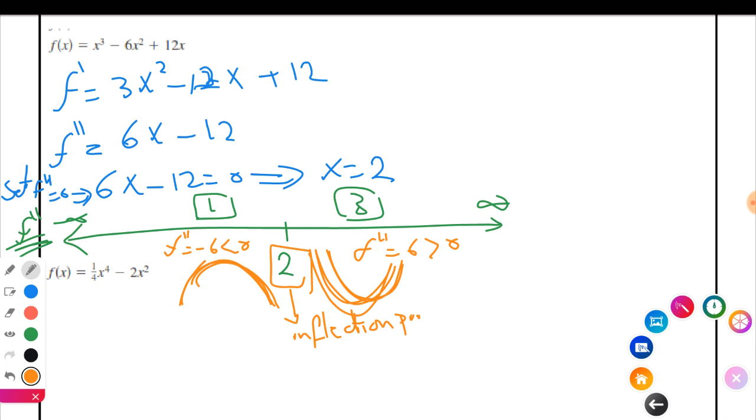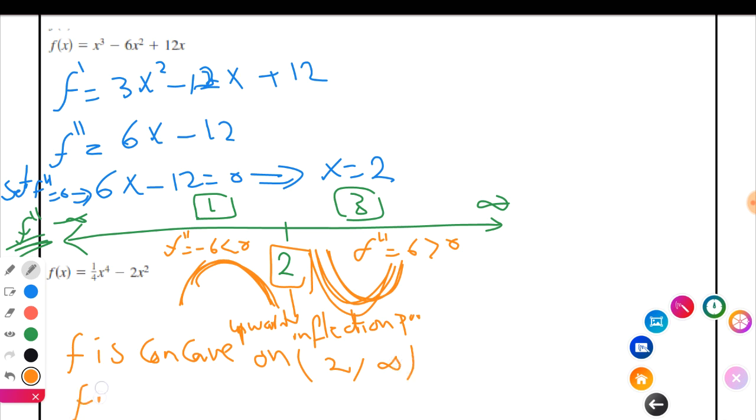Okay, here what I have to write, I have to discuss the concavity as he asked me in the question, and the inflection point. Here we write f is concave upward on which interval? 2 and infinity.